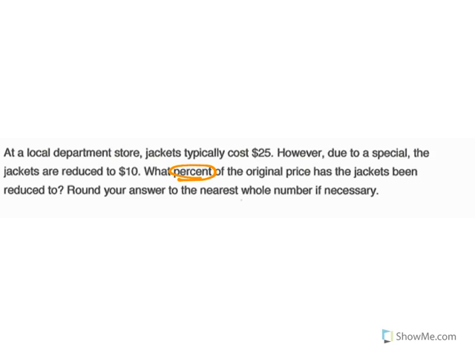So I know it equals something over 100, and I'm looking for that percent. So that's where the X is. Okay, so I know that the total is $25, right? And then the new cost is 10. So it's $10 out of $25.